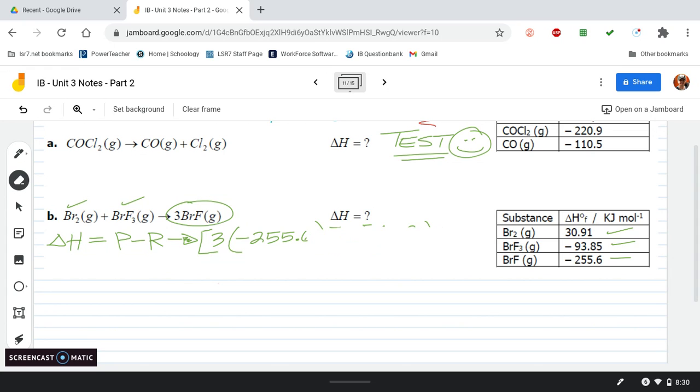Let's see if I can squeeze all this in here. I'm going to run out of space, so I'm going to rewrite that real quick. So let's go back and I'm just going to rewrite this so I can fit it all in.